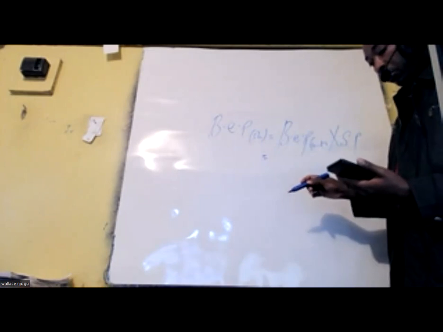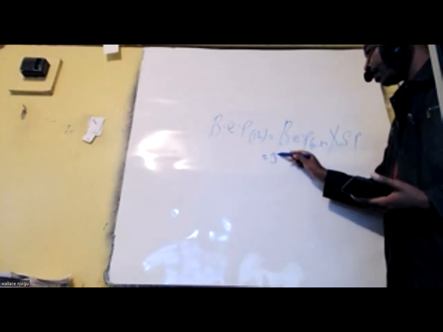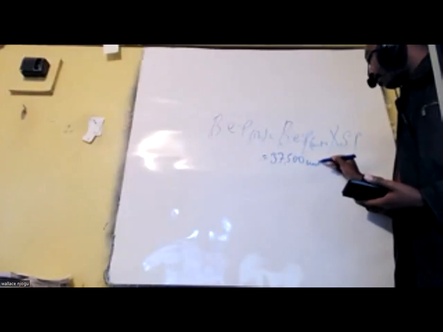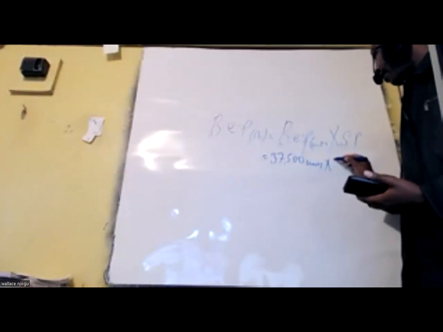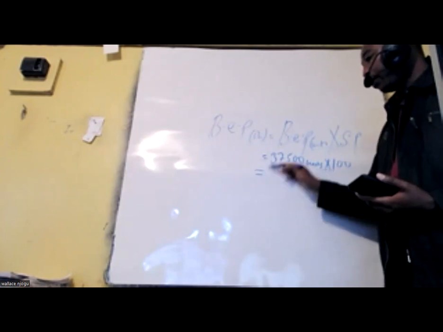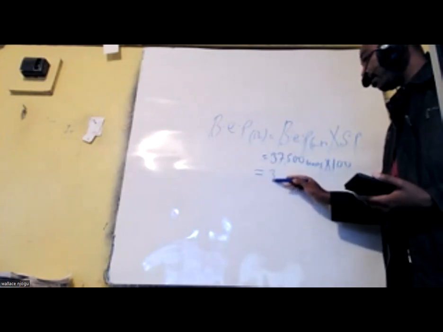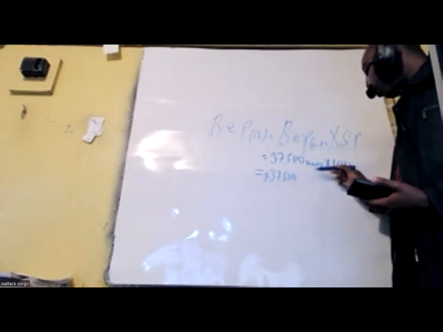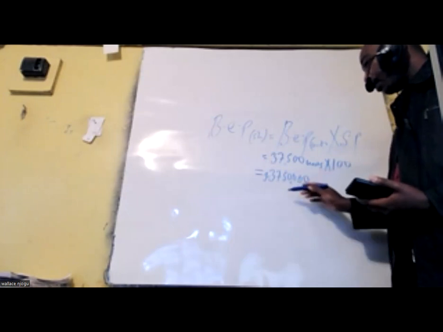So here we already have our break-even point in units, which is 37,500 units. Then we multiply by the selling price. Selling price was 100 shillings per unit. So we are going to get shillings 37,500 and then we add 0.2.